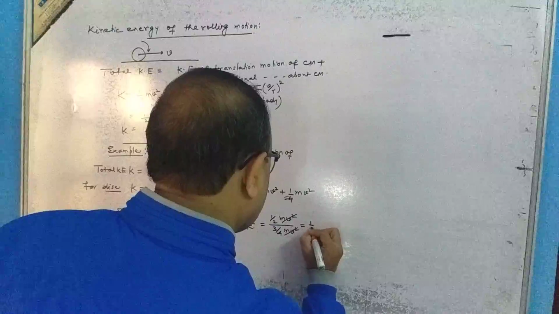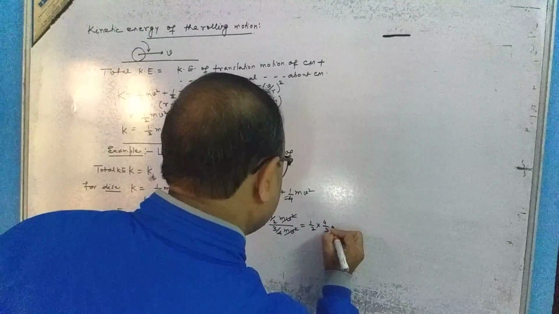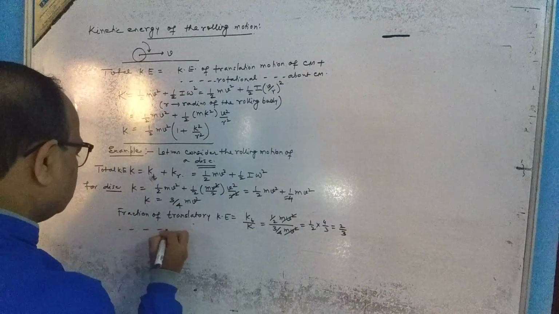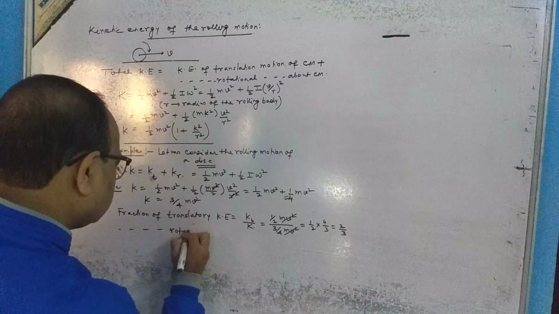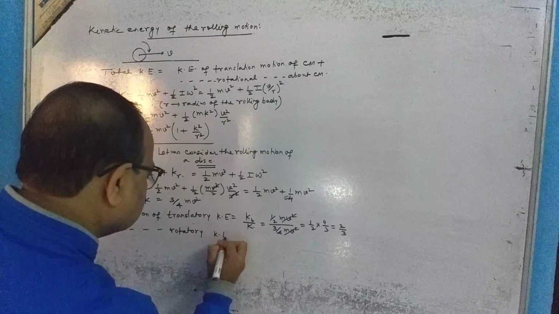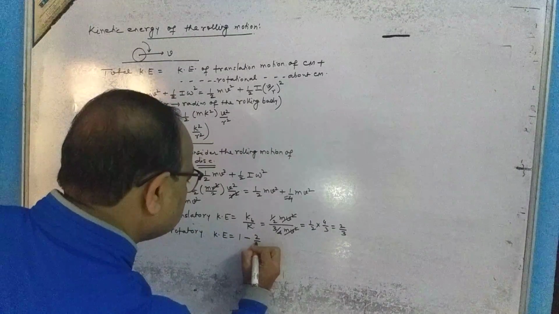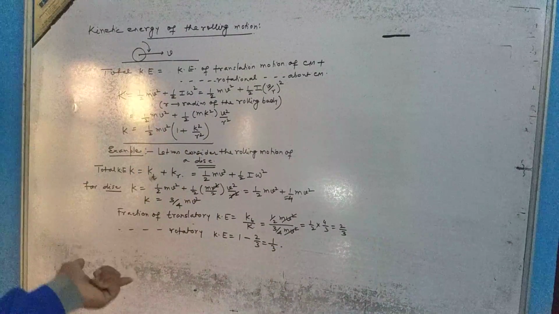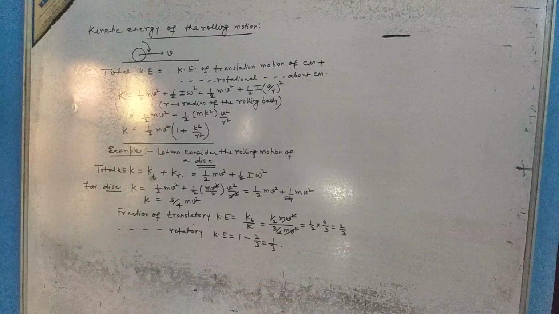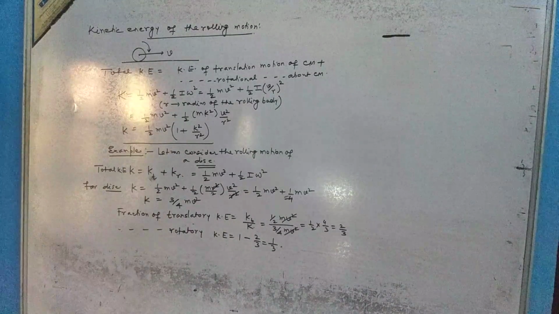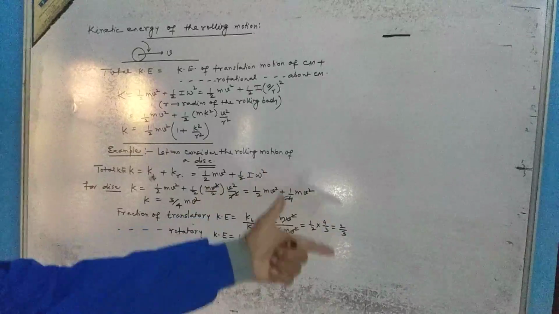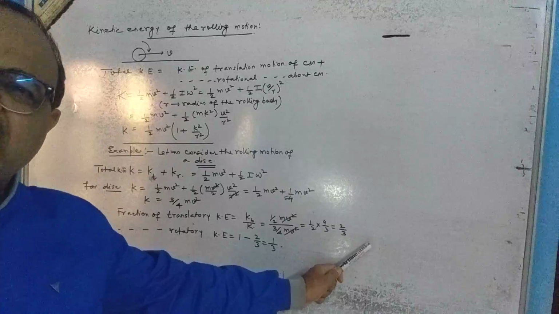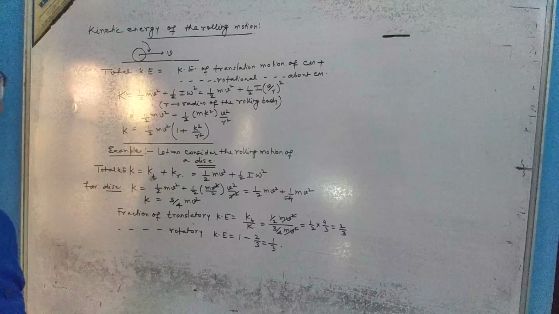Half into 4 by 3 is 2 by 3. So the fraction of rotatory kinetic energy is 1 minus 2 by 3, that is 1 by 3. And if you are asked what percentage is translatory and what percentage is rotatory, multiply by 100. You get 66.67 and 33.33.